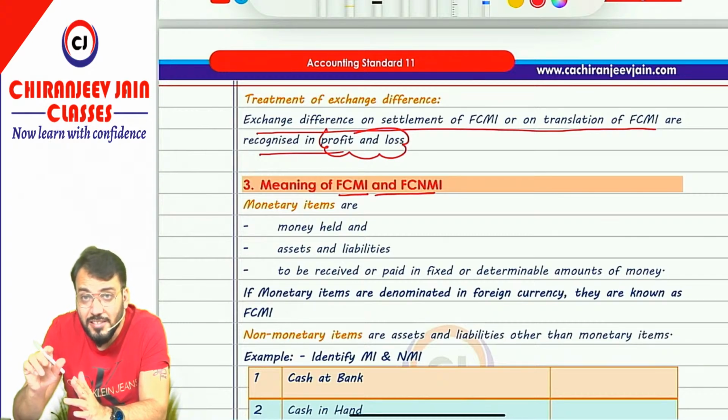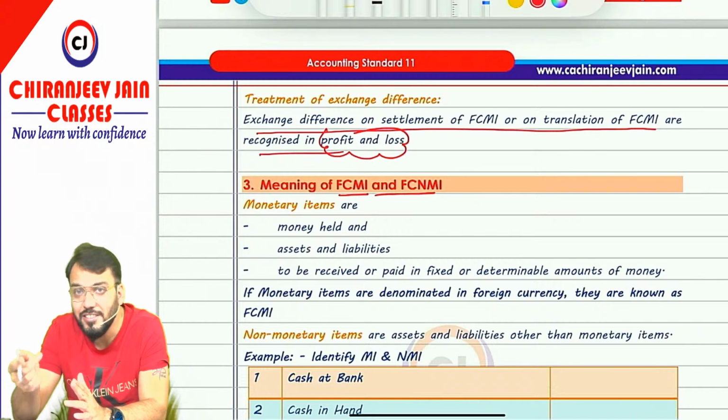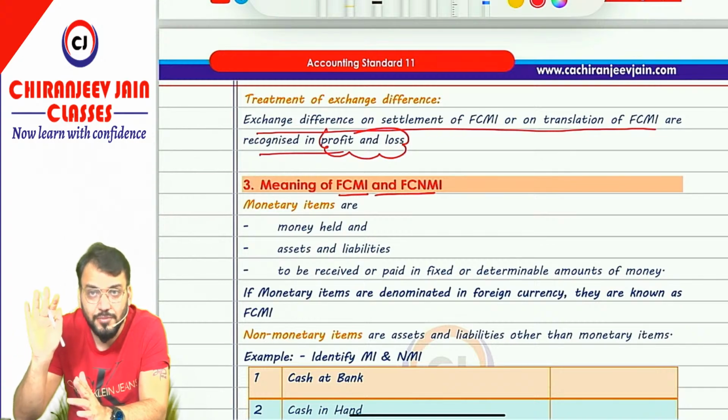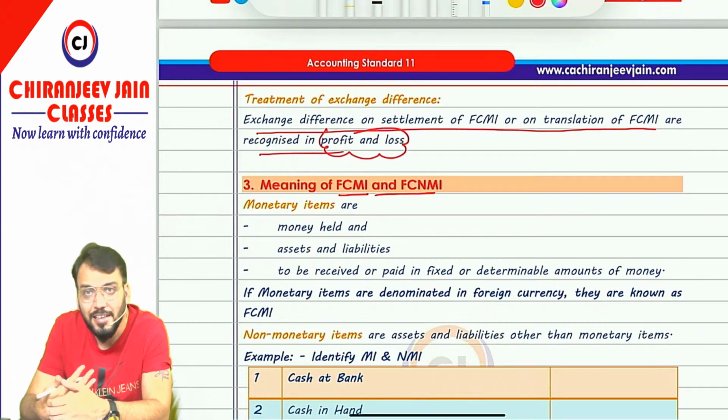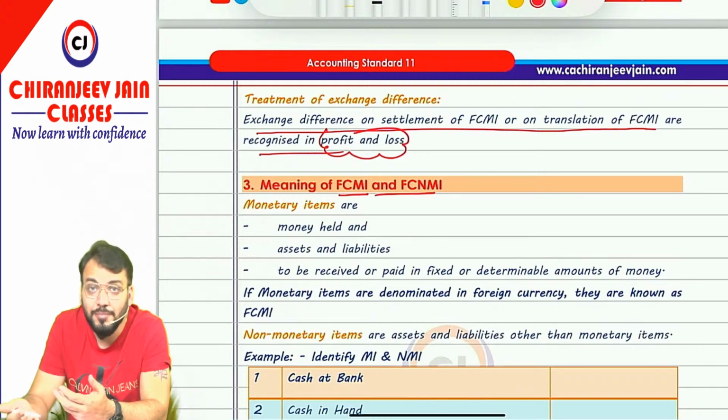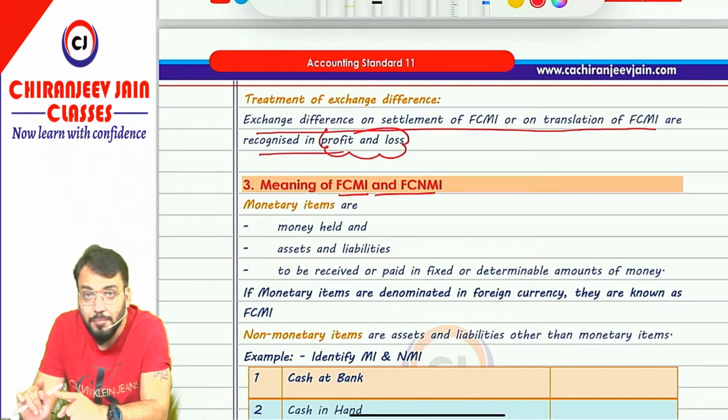If it is settled in foreign currency, then it becomes a foreign currency monetary item. Suppose you have a debtor which will be settled in Indian currency; that becomes a monetary item, but not a foreign currency monetary item. But if that debtor will be settled in foreign currency, it becomes a foreign currency monetary item.